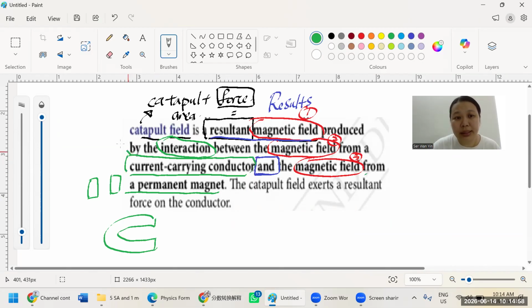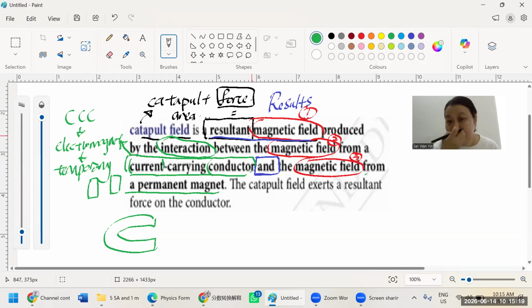When you see a current carrying conductor, I'll call it a CCC. It means the conductor has current, so it will turn into an electromagnet. We can also call it a temporary magnet.